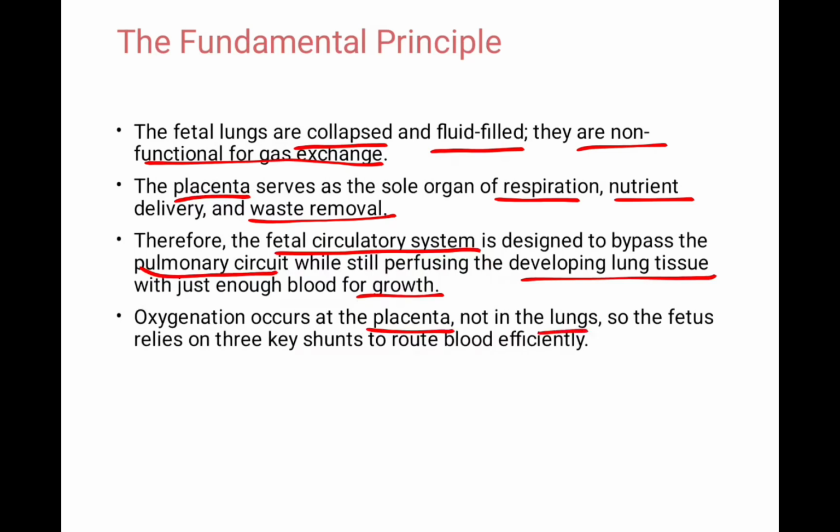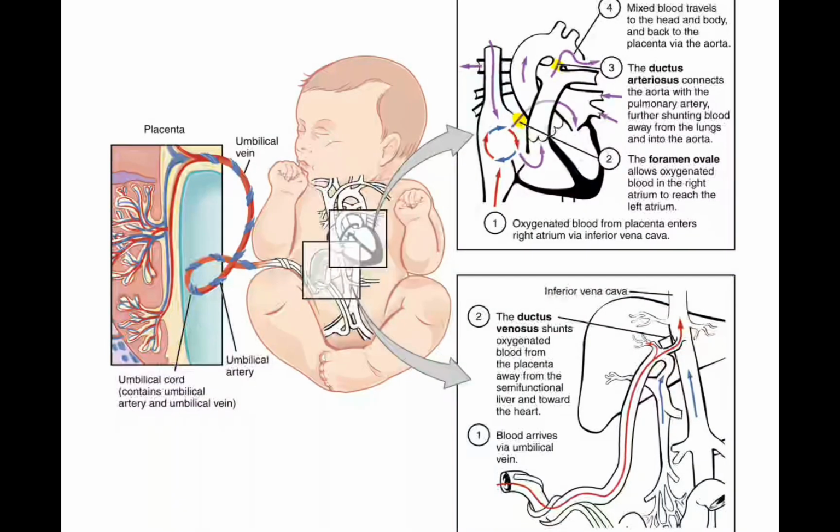So the fetus relies on three key shunts to route blood efficiently. If you look at this image here, we have our placenta, the umbilical veins as well as the umbilical artery. The umbilical cord, as you can see here, contains the umbilical artery and umbilical vein.